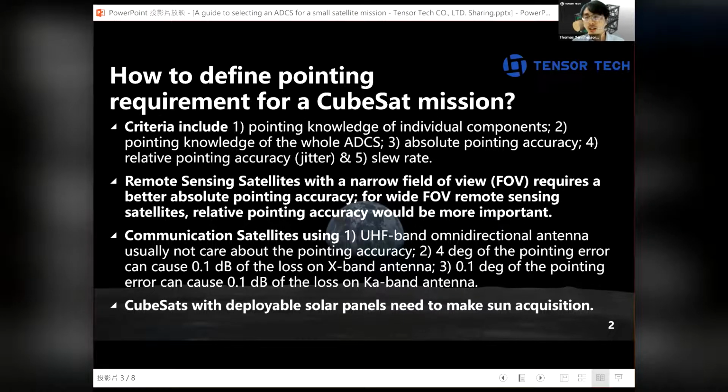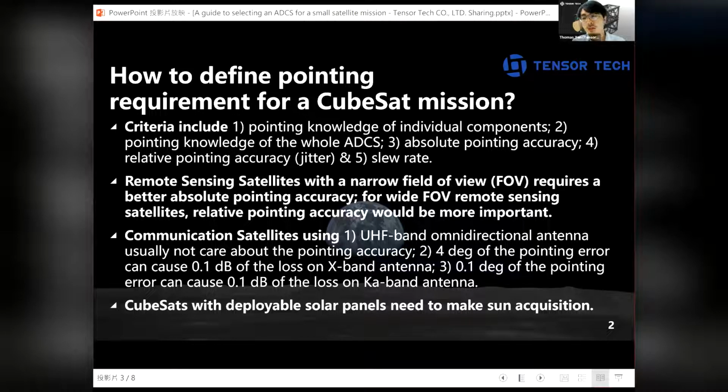And there are communication satellites. Usually they require a less sophisticated ADCS, because their pointing requirements are usually lower than those of remote sensing satellites. For example, if you are using a UHF antenna, these antennas are usually omnidirectional, so you don't need a good pointing requirement.